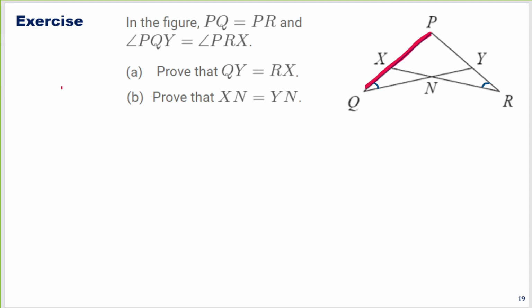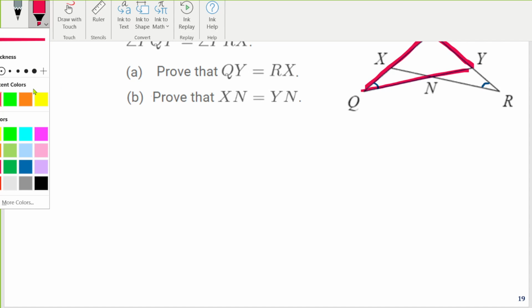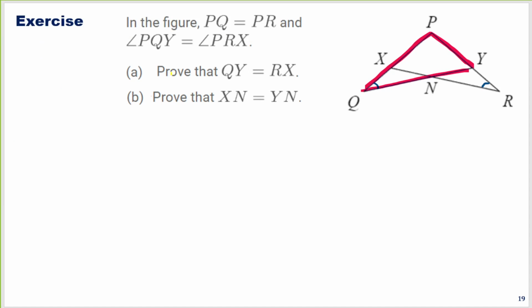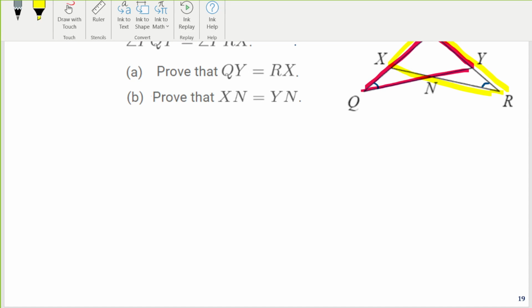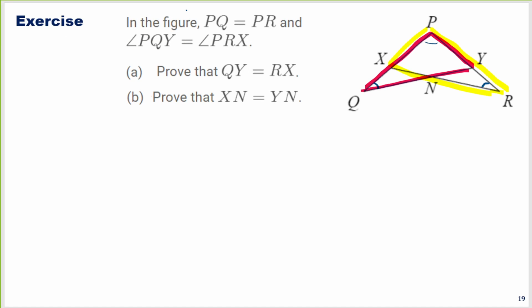Then we can actually prove this triangle is congruent with this triangle here, the red one with the yellow one, right? You see that? Because they share the same angle here.